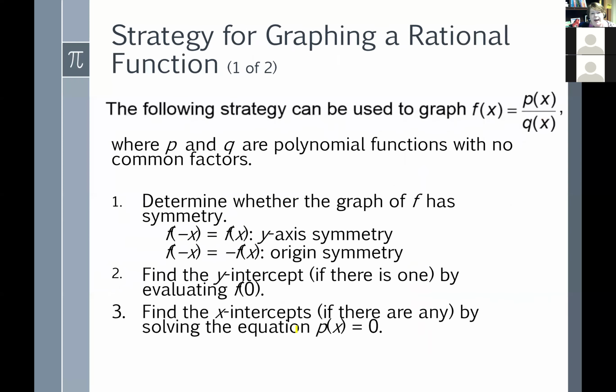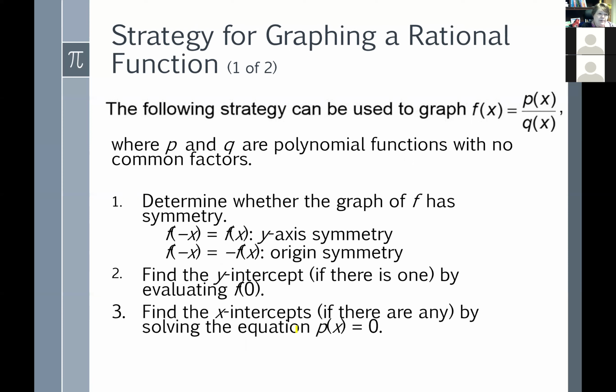All right, graphing a rational function. Here's the strategy that my math lab uses, your author uses. First, check for symmetry. Replace x with -x and see what happens. 99.9% of the problems you are going to do do not have any symmetry.